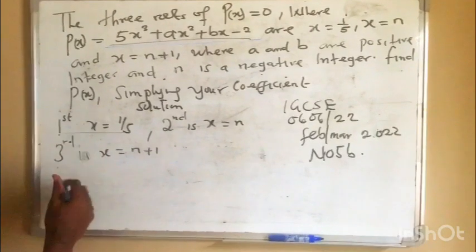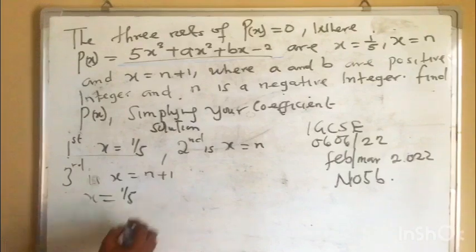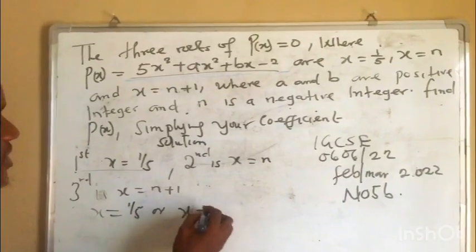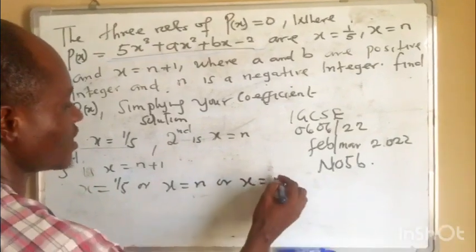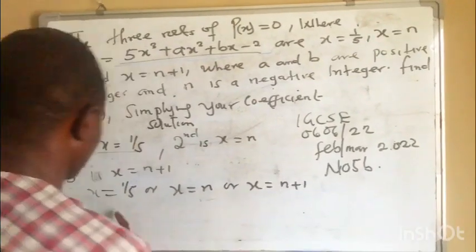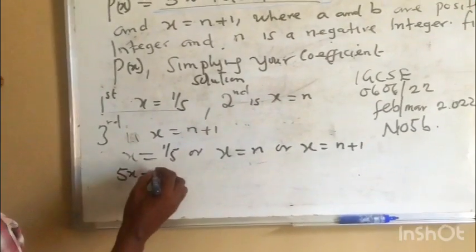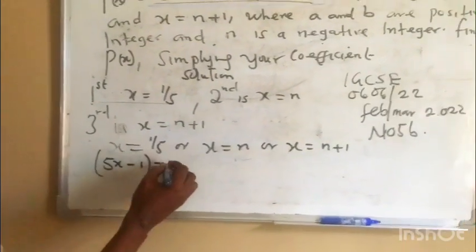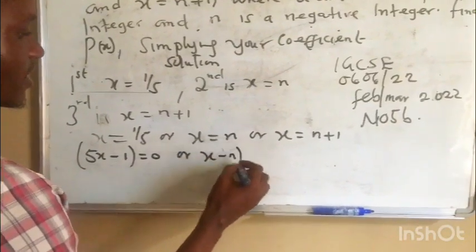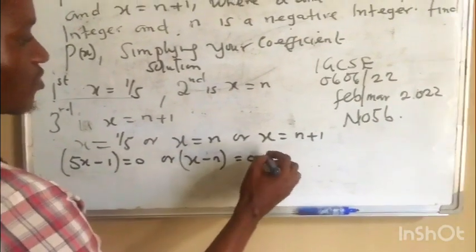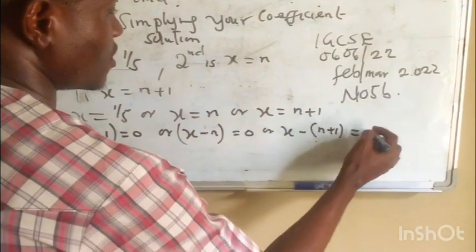So what we have here is x equals 1 over 5, or x equals n, or x equals n plus 1. So this gives 5x minus 1 equals 0, or x minus n equals 0, or x minus in the bracket n plus 1 equals 0.